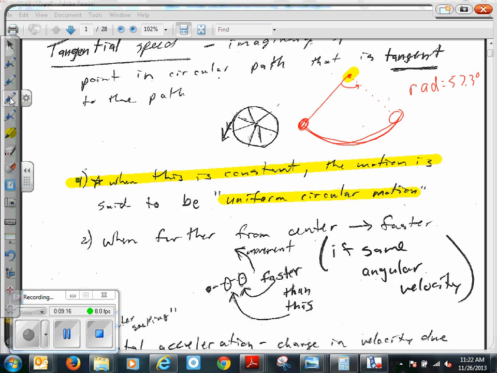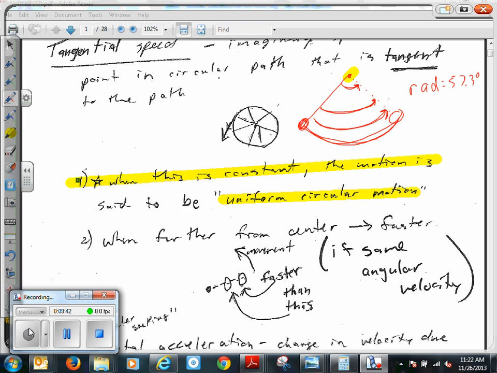So if I sweep out 1 rad, here's my question. How does this angle measure relate to this angle measure, and this angle measure? How do those angle measures relate to one another? They're exactly the same, right? Because it's only one angle, I'm just drawing it at different parts on this axis of rotation. Do you agree?